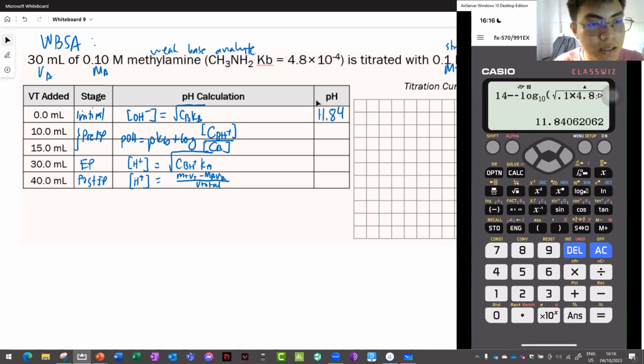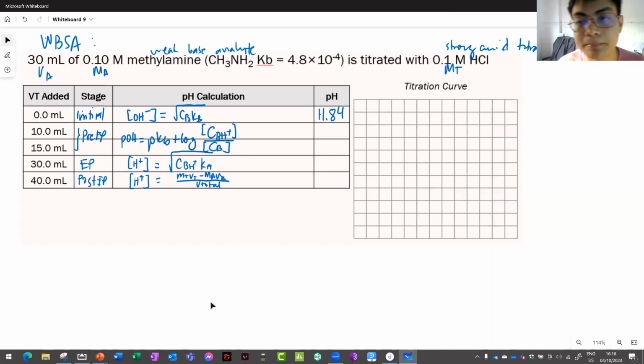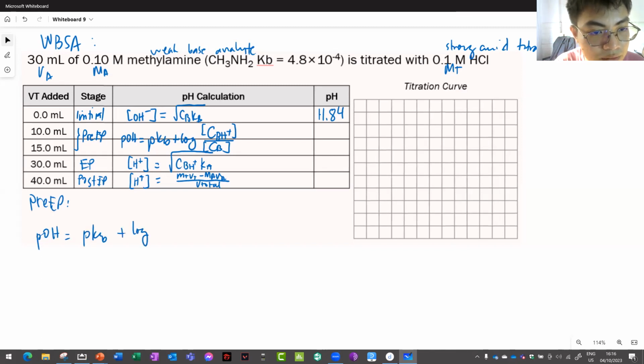Now, for the next part, the pre-equivalence point. Let's use the space below again. So pOH equals pKb plus log of the conjugate acid over the base concentration.